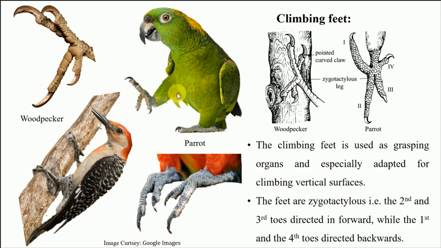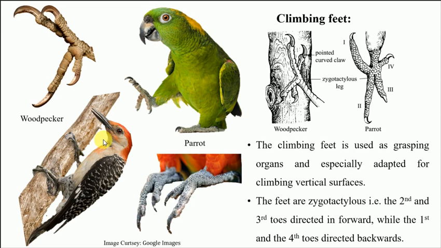If you see the parrot, they are feeding on the fruits, and obviously the fruits generally arise on the very terminal and delicate branches of the twig, and at that time the parrot can easily climb to that terminal branch bearing a fruit, and they are able to approach towards the fruit.